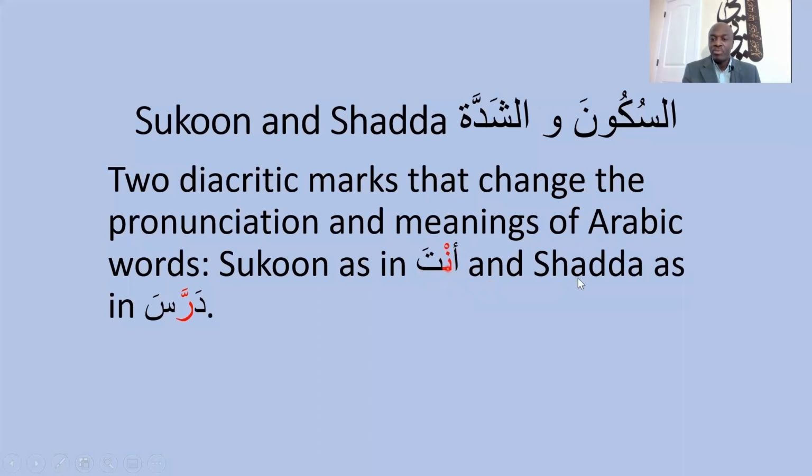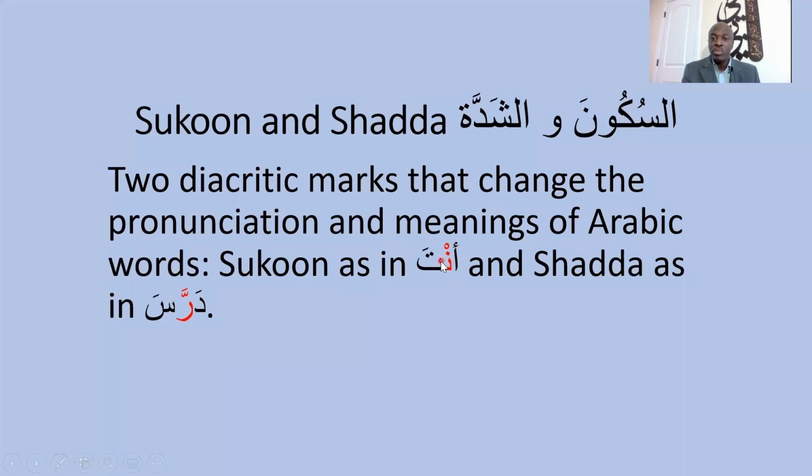And the shadda here looks like a W. I highlighted the letter Ra in red and the letter Noon here in red just to indicate where the Sukun sits and where the Shadda sits as well. So these are the two diacritic marks that we are talking about today: Sukun, the little O, and the Shadda, like here.